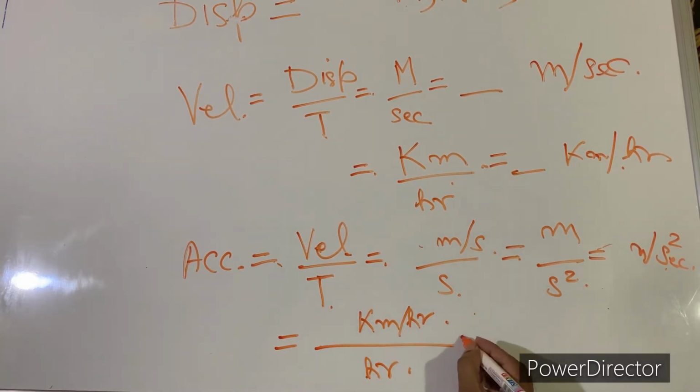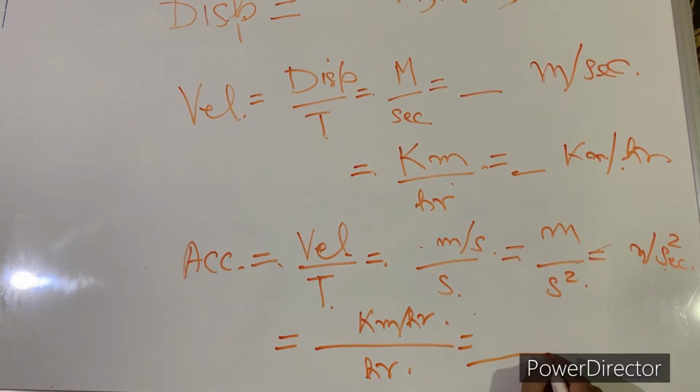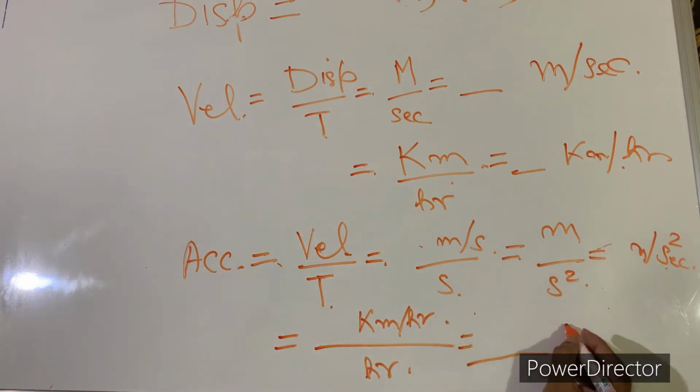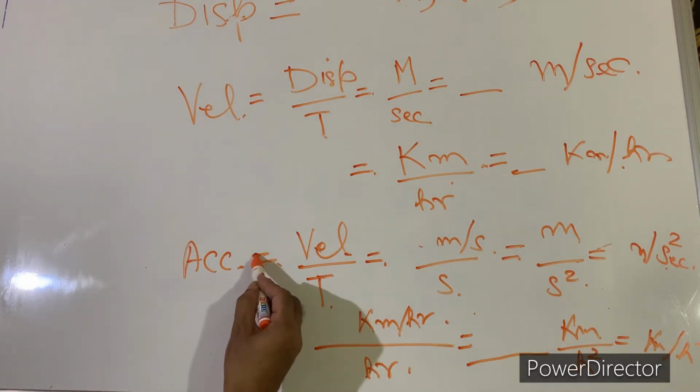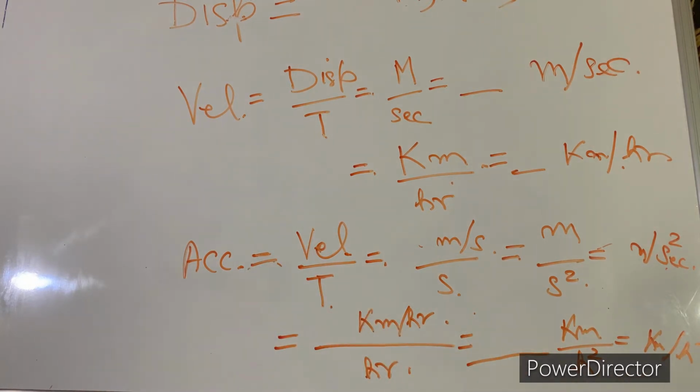Then the unit of acceleration will come out to be kilometers divided by hour, then again divided by hour, so it becomes kilometers per hour square. Is it understood? Hence, the acceleration is in kilometers per hour square.